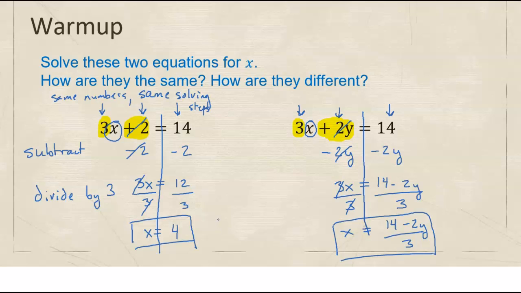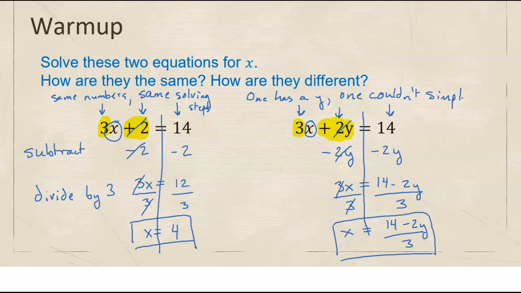So we have the same or very similar solving steps too. How are they different now? How are these two equations different? What do you notice? Well, it looks like this one has a y, so one has a y value. And what about our answers? How do our answers look different? Well, the one that has a y couldn't be simplified.